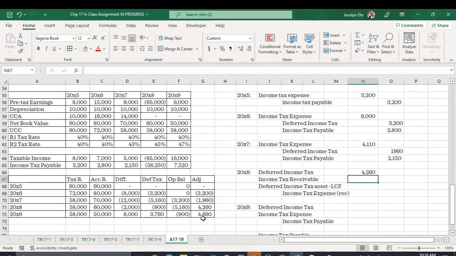Okay. Here's where things are going to start to look a little bit different when we look at our income tax receivable based on our recovery from the previous 3 years.